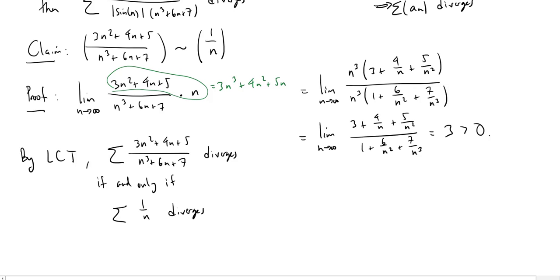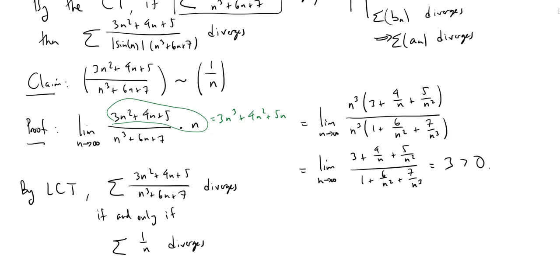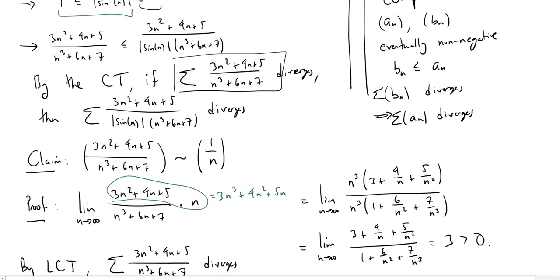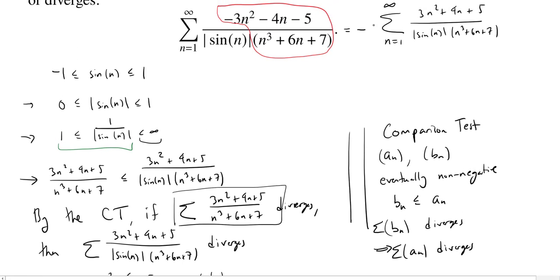So we've reduced the problem from the original series. We wanted to show that this original series, which had actually even a negative in it, diverges. We ignored the negative. We really just pulled this out of the numerator. We said, okay, we just need to show that this series diverges.